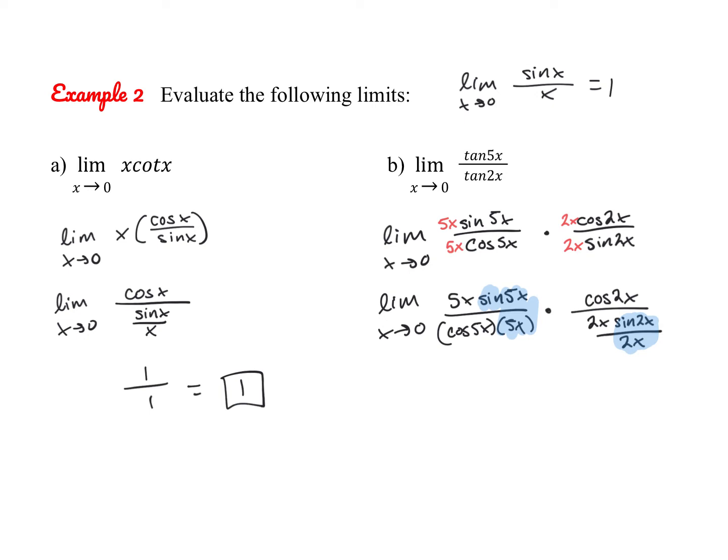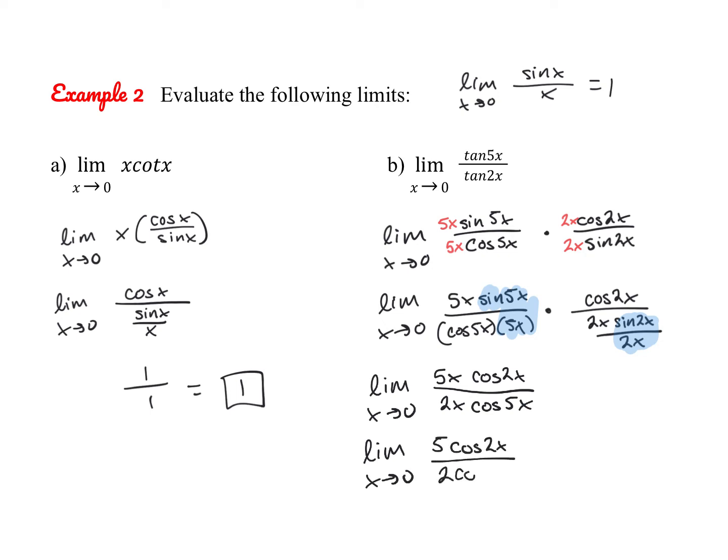So what we have left over is the limit as x approaches 0 of 5x times the cosine of 2x over 2x times the cosine of 5x, which we can simplify just a little bit more. 5 times the cosine of 2x over 2 times the cosine of 5x. I just canceled out the common factor of x.